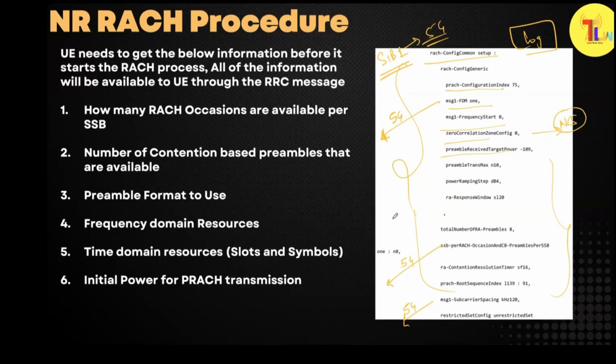The only difference in the 4G versus 5G RACH procedure is your message one, because in 5G now we have SSBs and beams. Now the UE has to select the best beam based on these SSBs, because these will have PSS and SSS, and RSRP is based on this in 5G.